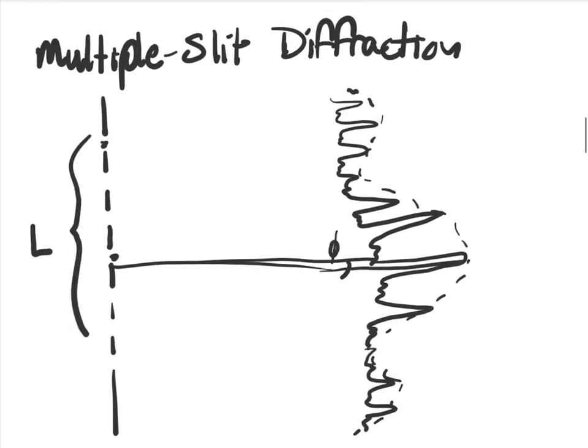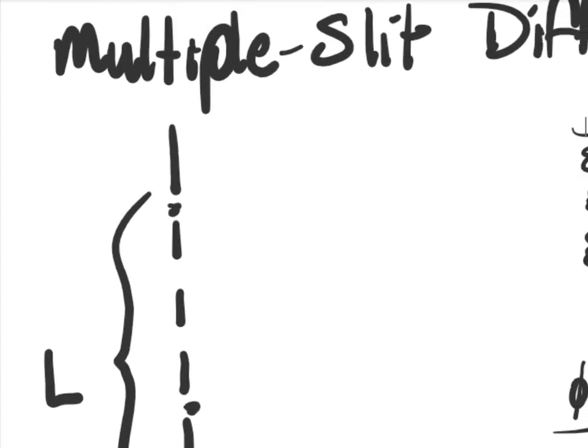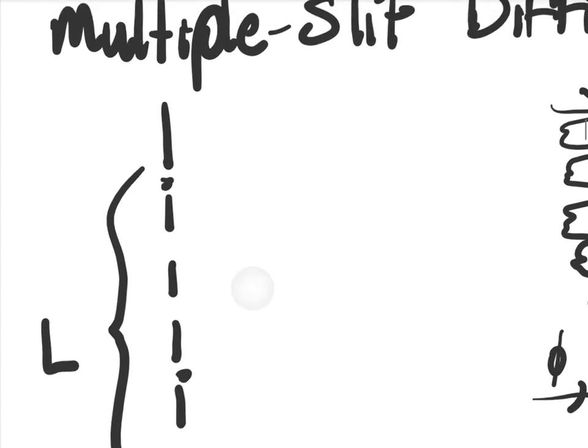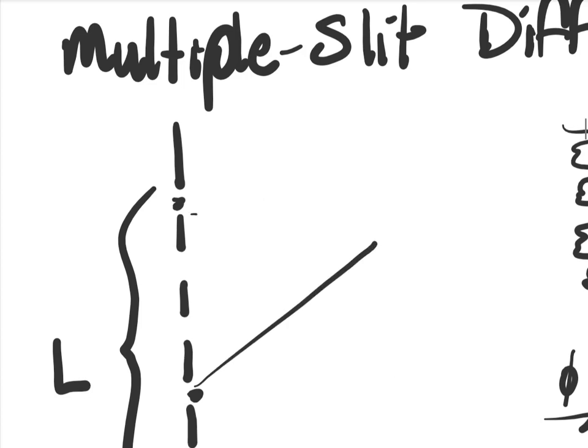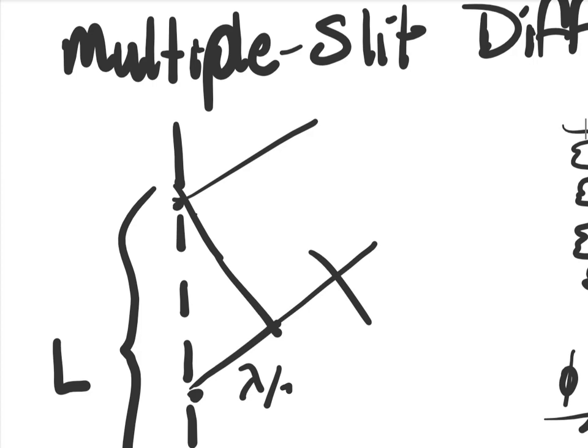And all we have to do is look at these two spots on our grating, run exactly the same argument as before. Going straight, they're in phase. Going not straight, at some angle, they're going to be out of phase. That's going to happen when this is lambda over 2.